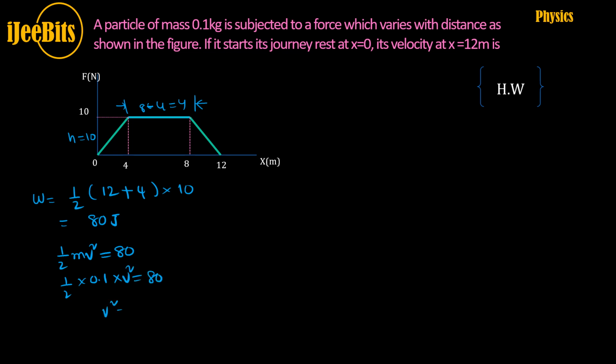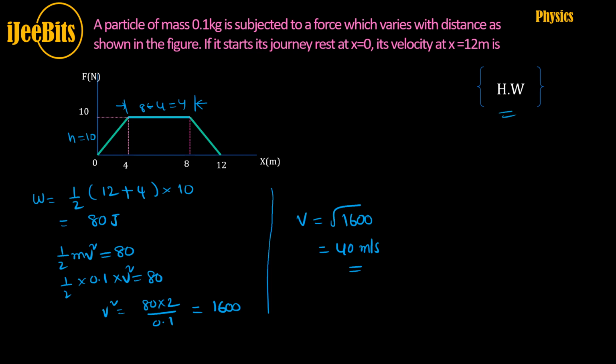So v square equals how much? 80 multiplied by 2 divided by 0.1. This is nothing but 1600. And hence, what would be the v? V equals root over 1600, which implies 40 meters per second. So that would be your answer.